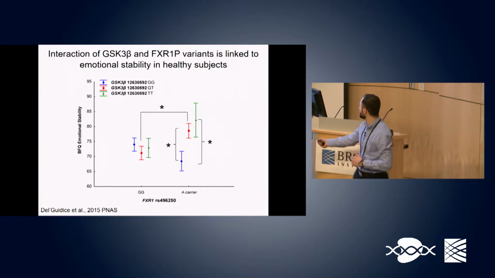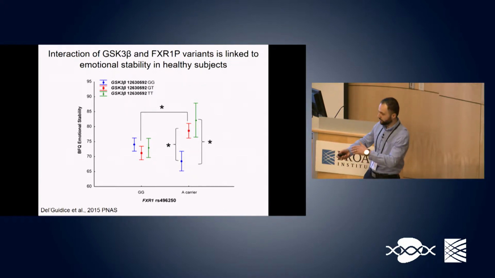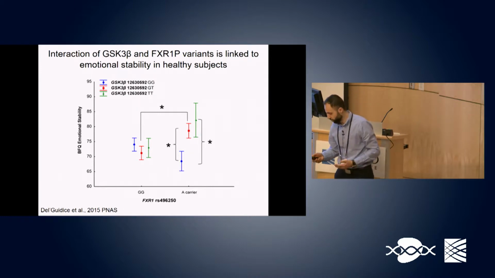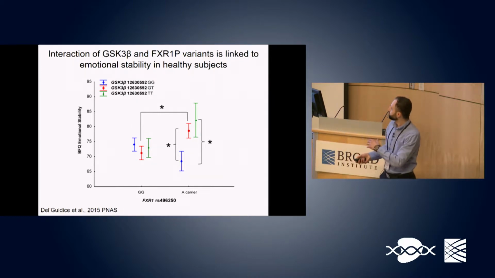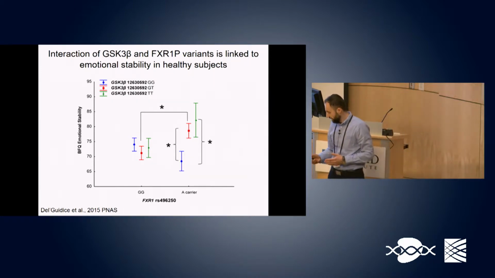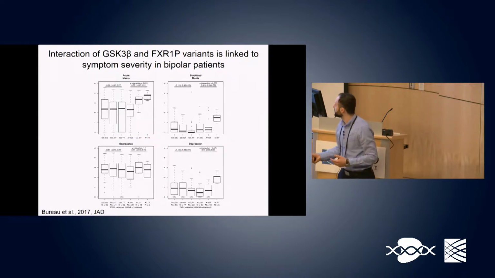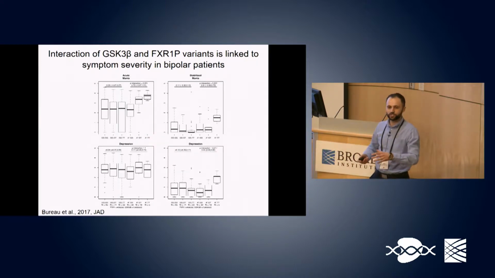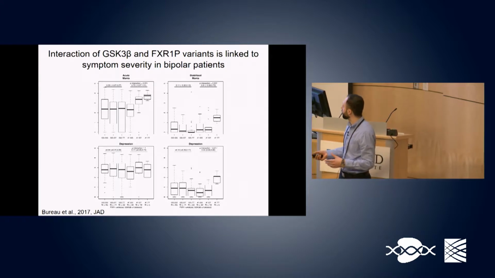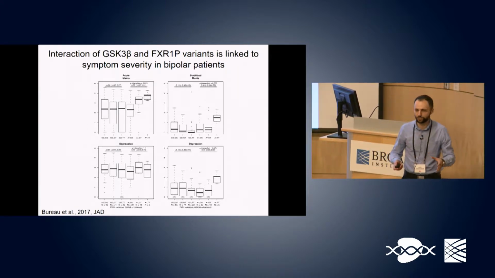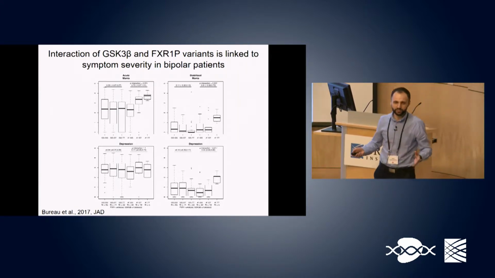And when they had high expression of GSK3, the effect was gone. They were not emotionally stable. This was done in control patients. Later, with other collaborators, we've shown the same interaction between the same variants in bipolar patients, and in this case, it was associated with symptom severity.